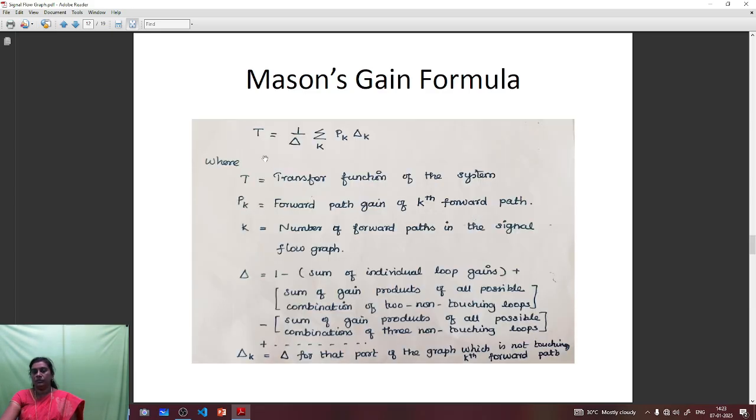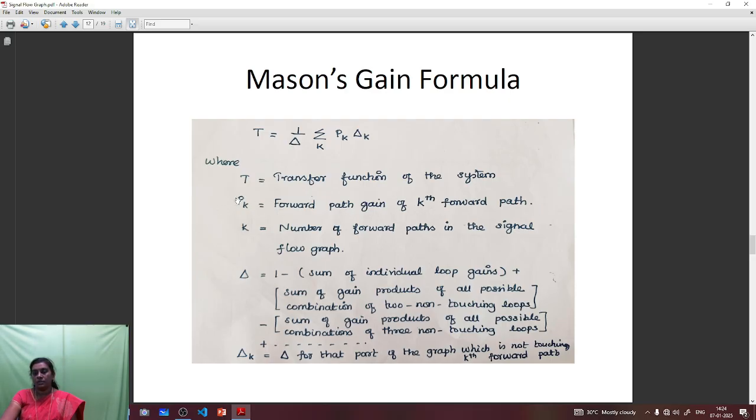So, this is the formula. Here the T represents the transfer function. T is equal to 1 by del, summation of Pk del k. Here T represents the transfer function of the system, and Pk represents the forward gain of the kth forward path.